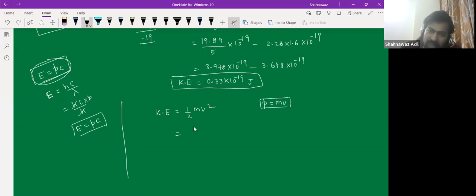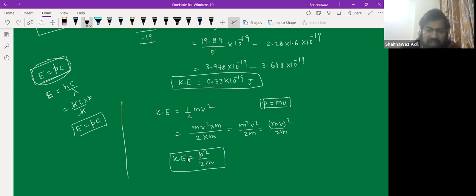So we multiply and divide by m: m square v square by 2m, which is mv whole square by 2m. So kinetic energy is p square by 2m. From this we can relate the momentum. So if we calculate the momentum, what would that be?